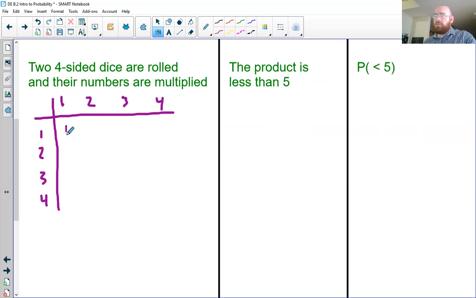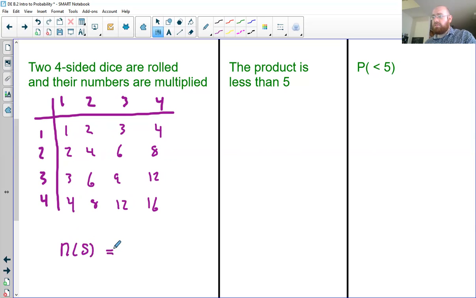And so when we multiply, we have 1, 2, 3, 4, 2, 4, 6, 8, 3, 6, 9, 12, and then 4, 8, 12, 16. So the size of our sample space is 16, not because the last number is 16, but because 4 by 4 gave us 16 possible outcomes. Again, notice that some of them appear more than once.